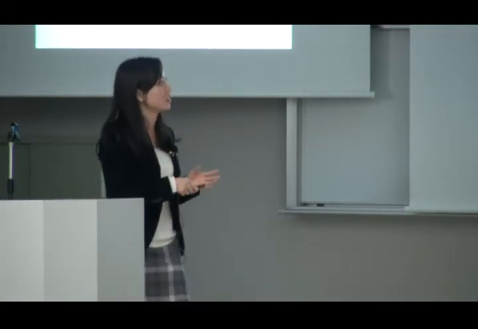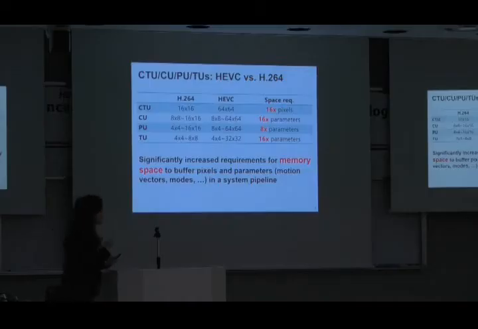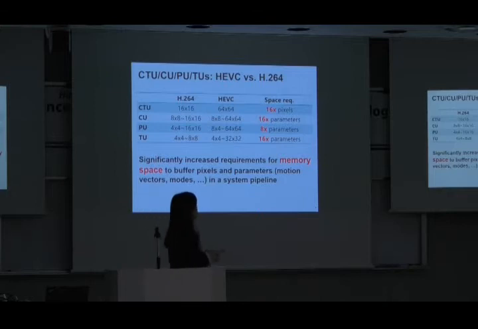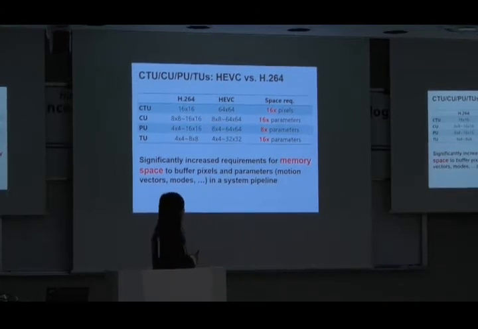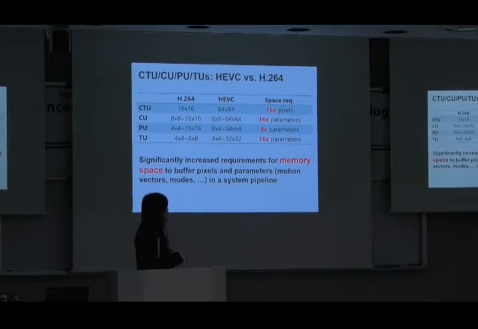Then the problem is, for some components, sometimes the unit is large, sometimes the unit is small, so the speed is different, and we need a large memory to store this kind of pixel and parameters.